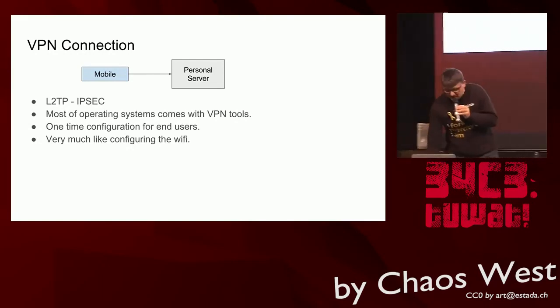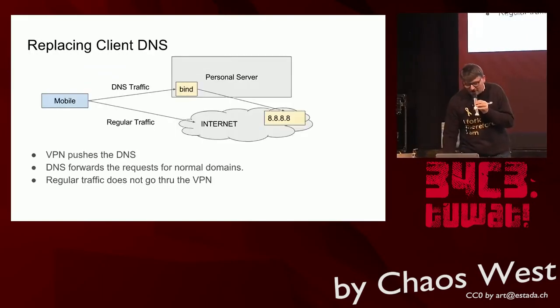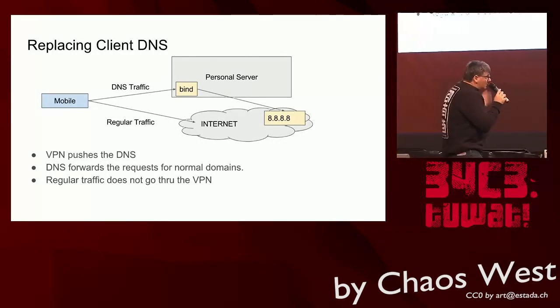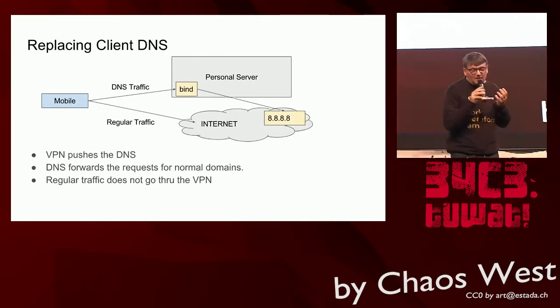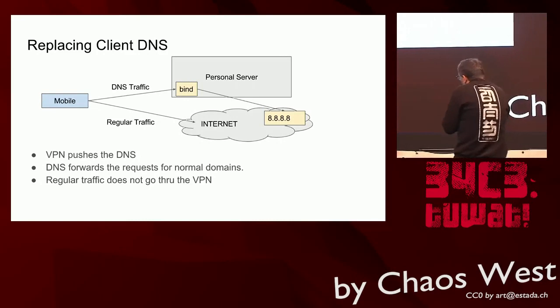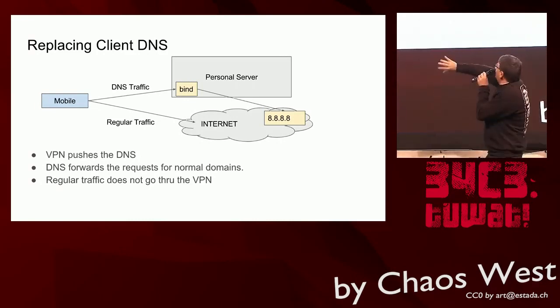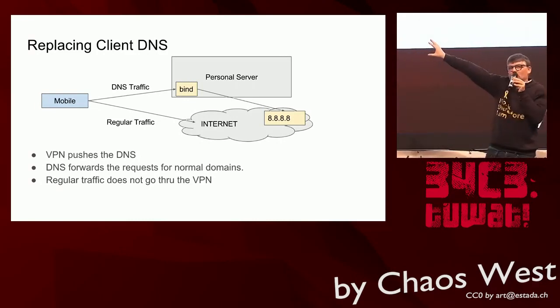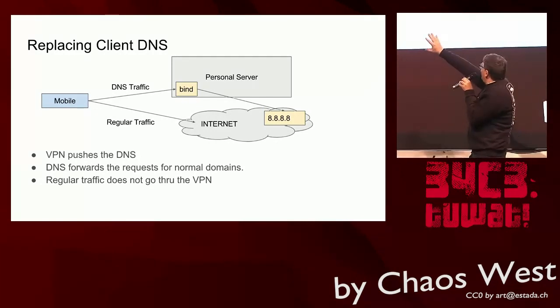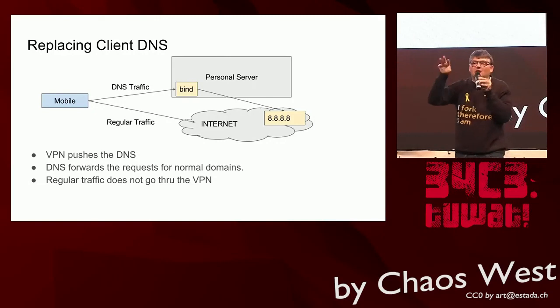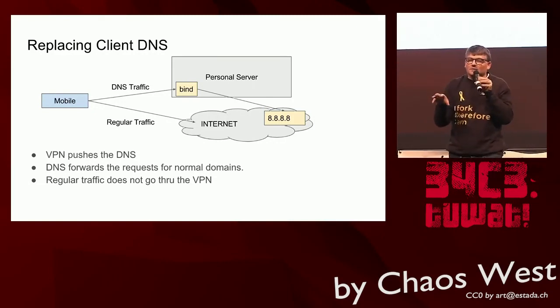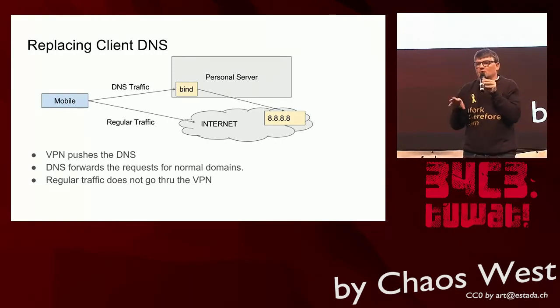Once we have the client connected, the way that we set up the VPN is that we don't send all the traffic through the VPN as a normal VPN. What we do is, we let all the traffic go the same way, but we push the DNS configuration to the client. This is quite a standard option when you configure a VPN connection.